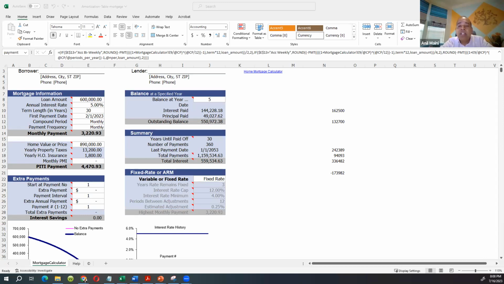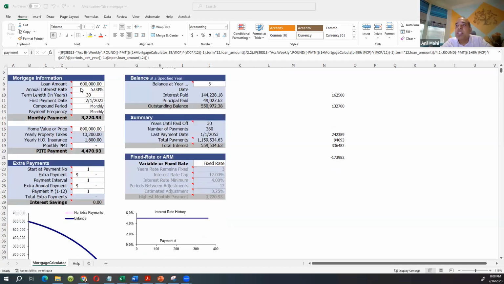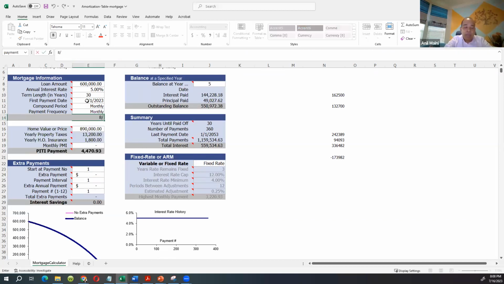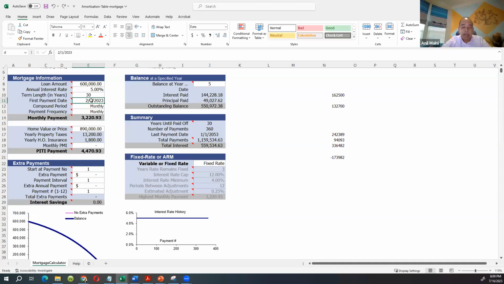There are a lot of benefits of this strategy. Okay, so we will discuss that. So at a high level, I'm just showing you the home amortization table. So a 600K loan at 5%, and let's say the payment started August 1st.